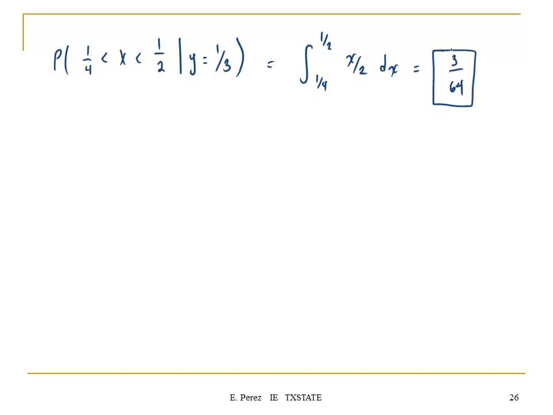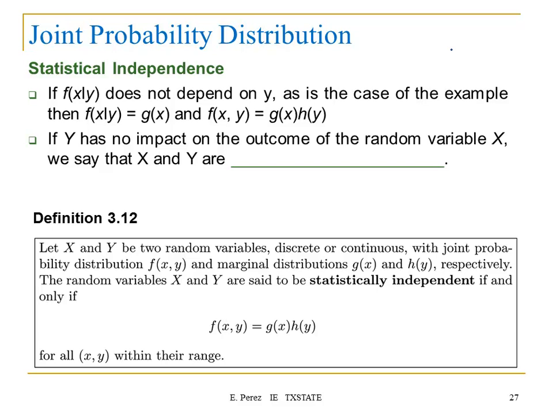Any questions? So, statistical independence: if the probability of x given y does not depend on y, at least in the case of the example we just saw, then f of x given y is going to be equal to the marginal of x, and the joint distribution is going to be equal to the multiplication of the marginals. Okay?